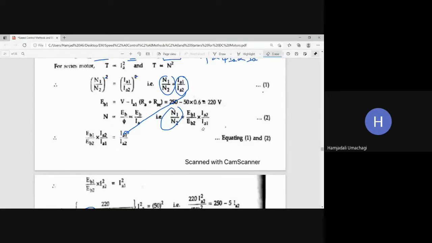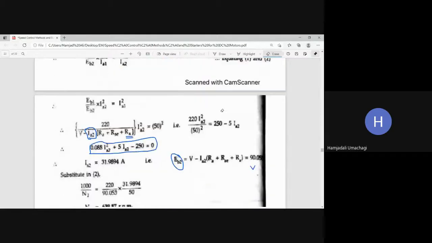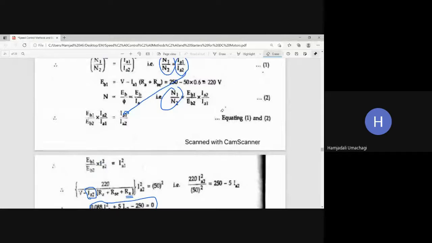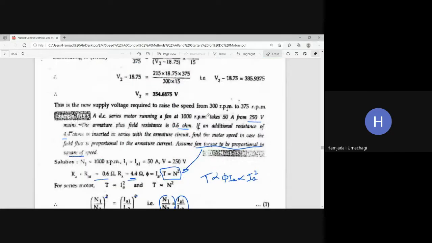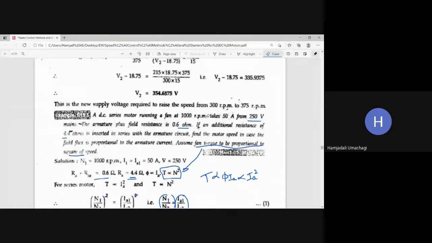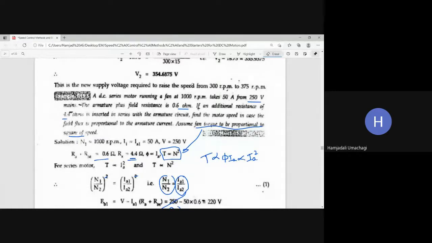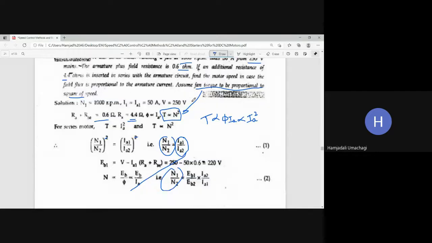N1 is given as 1000 here, but we don't know the N2 value.